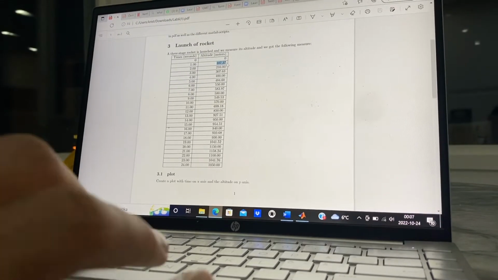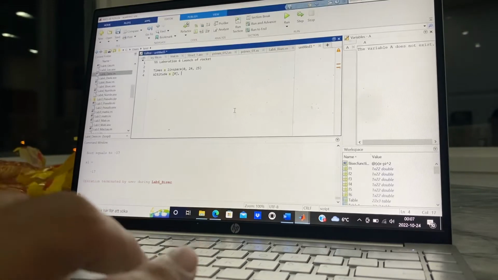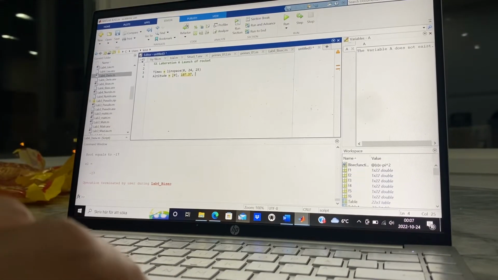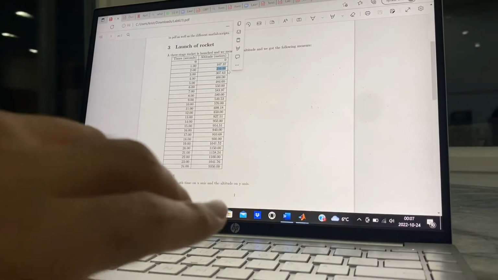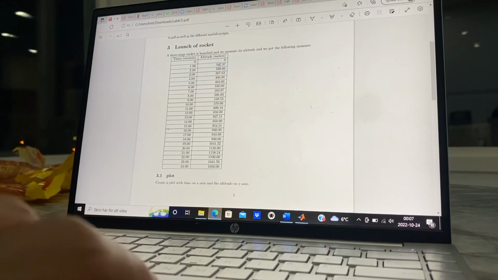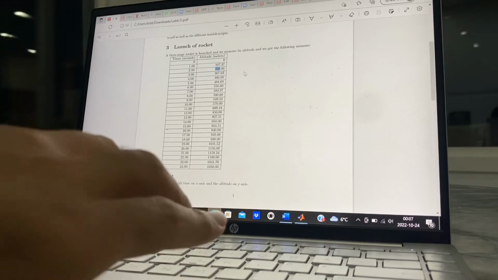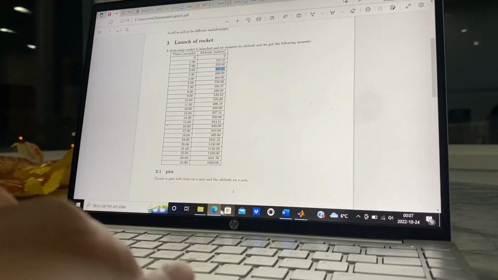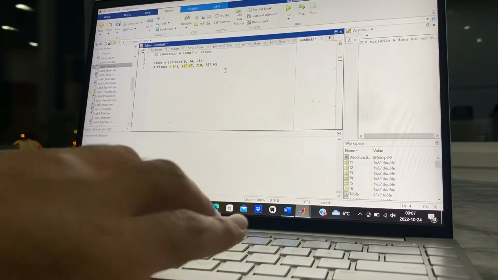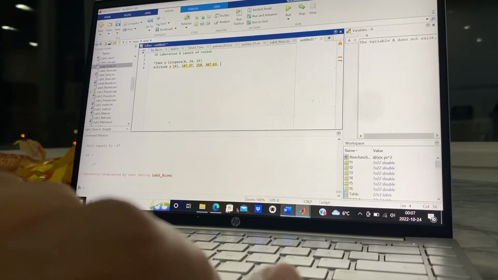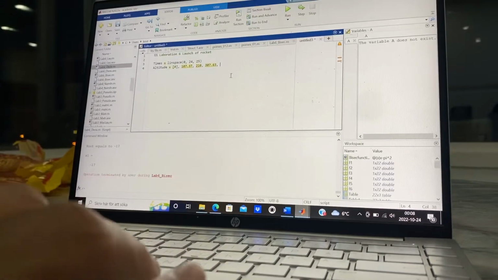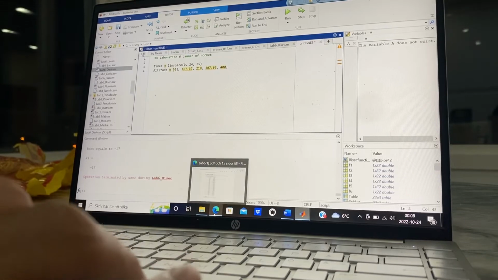Then we have 107.37. And then we have 210. Yeah, this is gonna take a while.